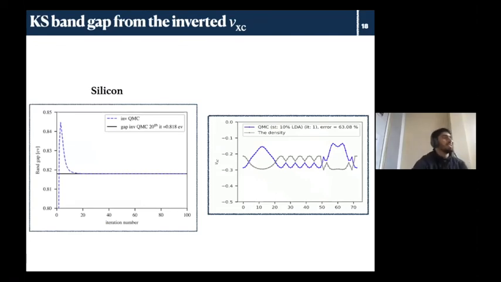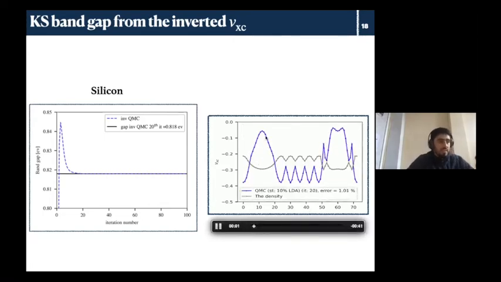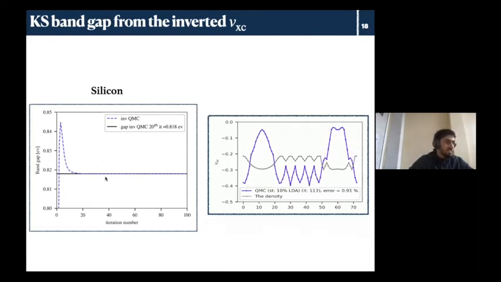Since I had many spiky inverted QMC VXC, I wanted to see the observables. For example, the Kohn-Sham band gap: as you can see, even if the inverted VXC keeps changing, the observable is really stable and converged.